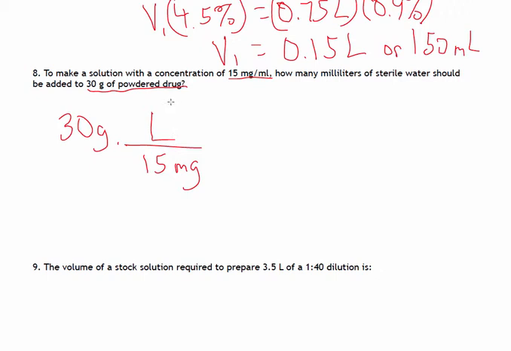So notice what I'm doing is I'm setting up this problem so that the unit I need, the volume of water, is going to end up on top. So liters is going to be my initial way of solving for the amount of water. And then we need to get rid of both of those mass units. We need to get rid of the milligrams and the grams. So the relationship between those is that you have 1,000 milligrams in 1 gram.